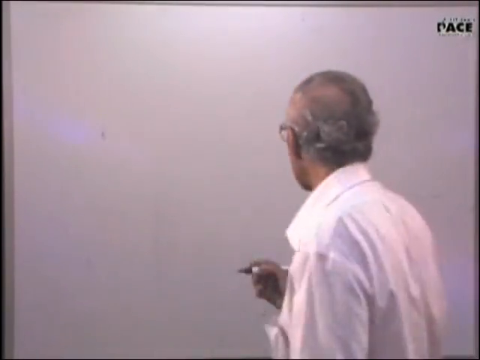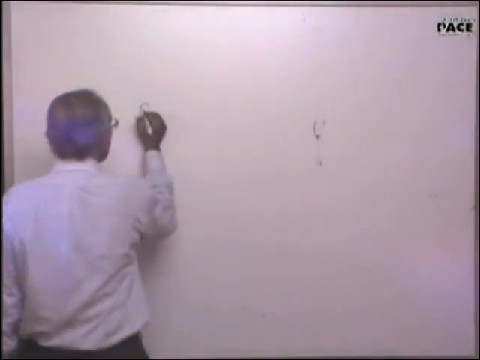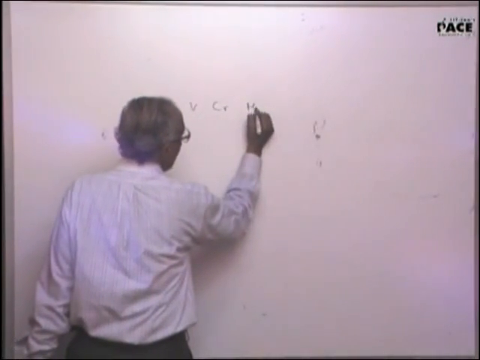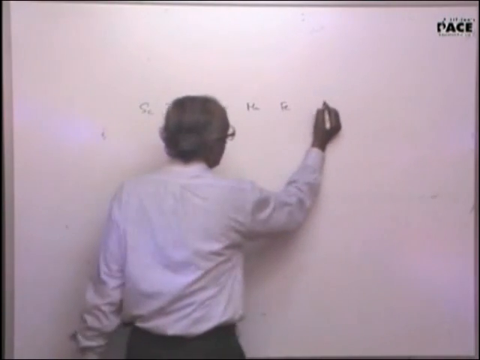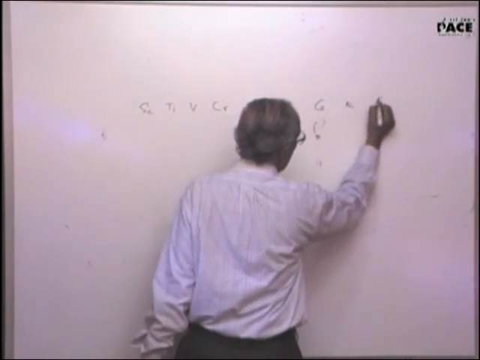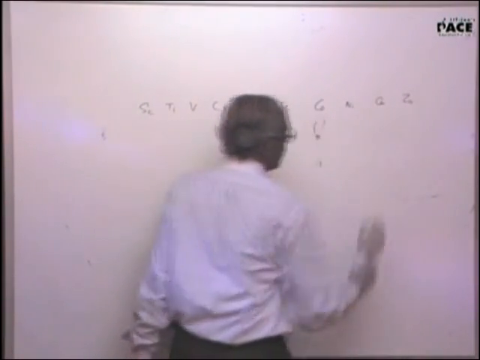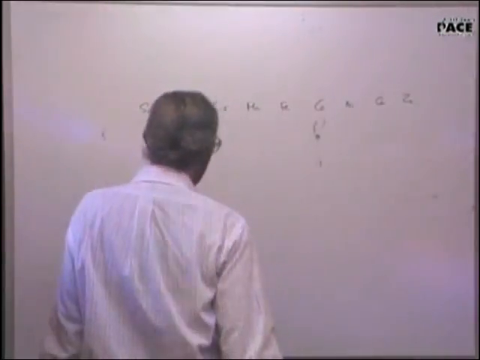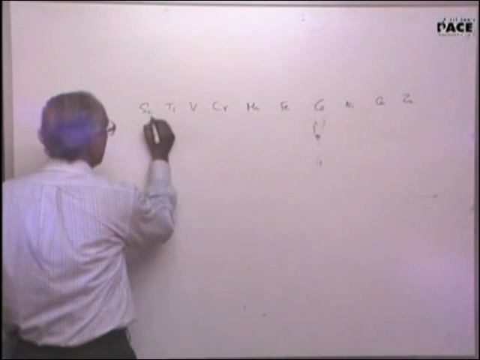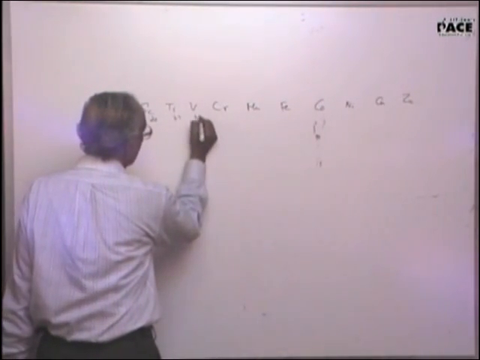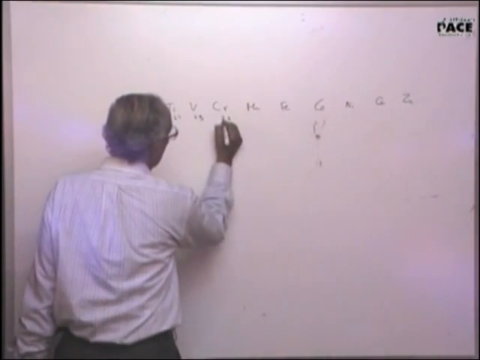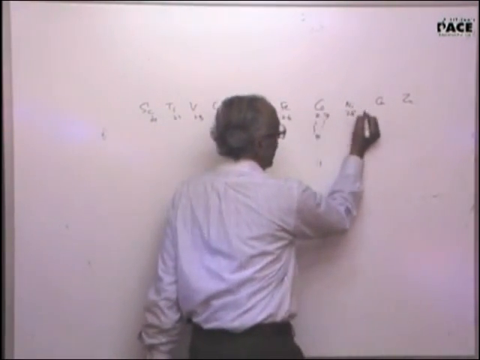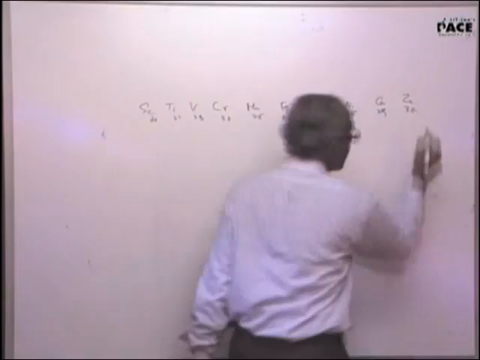And it starts with scandium, titanium, vanadium, chromium, manganese, iron, cobalt, nickel, copper, and zinc. Now, if you know 21, 22, 23, 24, 25, 26, 27, 28, 29, 30.